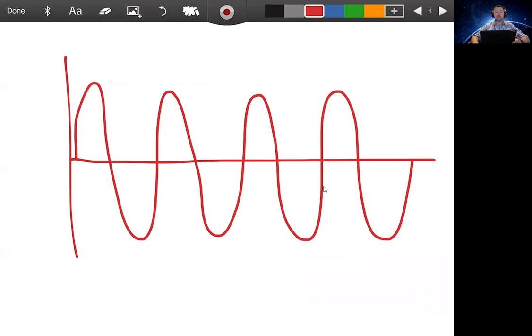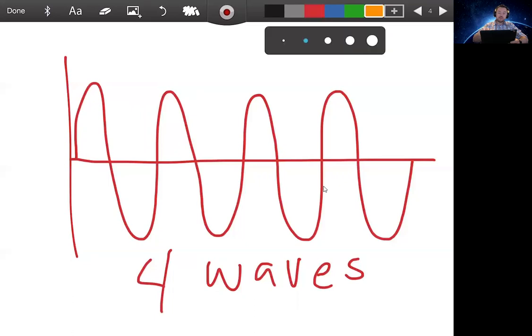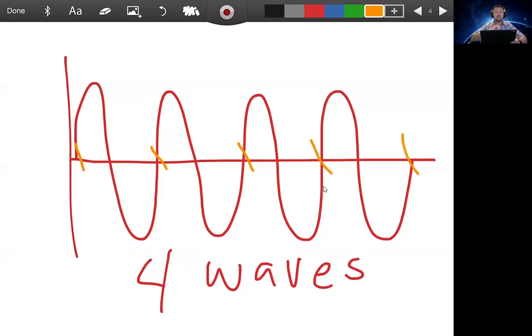Not a minute, but I wonder what it is. 3, 2, 1. There are 4 waves here. Let me use a different color to highlight it. Here is the first wave. Here's the second wave, third wave, fourth wave. There are 4 waves there.